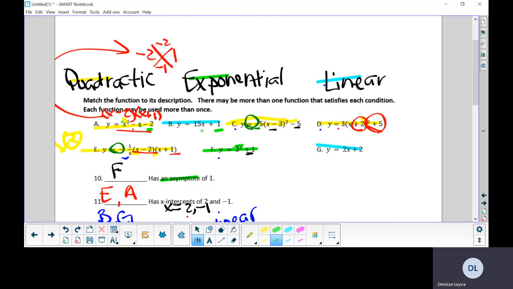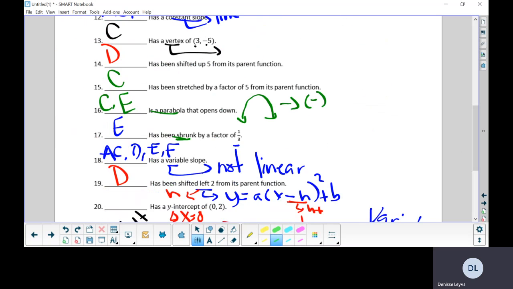And when you plug in 0, you'll be able to find that the only answers that give you 2 are F and G. So F and G are the only functions that give you 2 when you plug in 0. And you can just use your calculator for that.